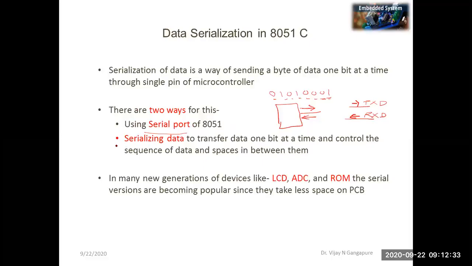Another option for data serialization is actually implementing serialization of data by using any IO pin of 8051. That is serializing data to transfer data one bit at a time and controlling the sequence of data and spaces in between them.